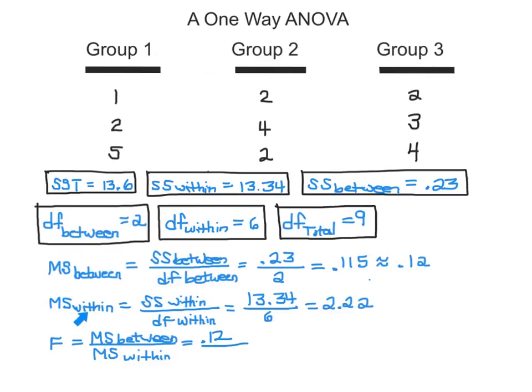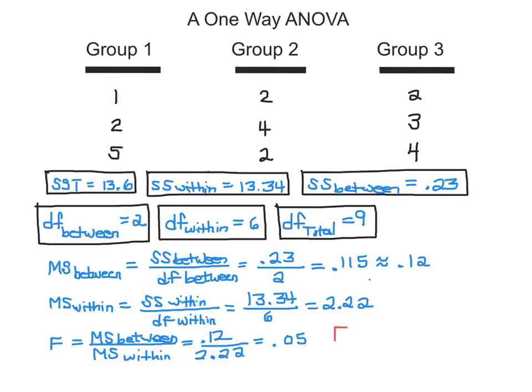And we calculated the variance within, and it's 2.22. And if we calculate this out, 0.12 divided by 2.22 is 0.05 for our F statistic.